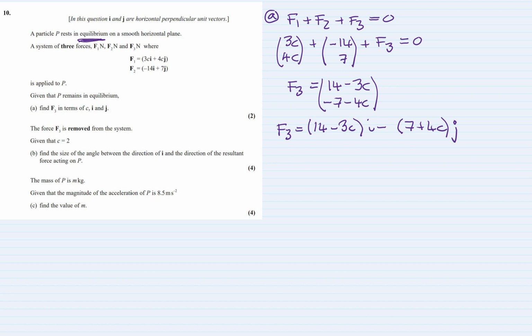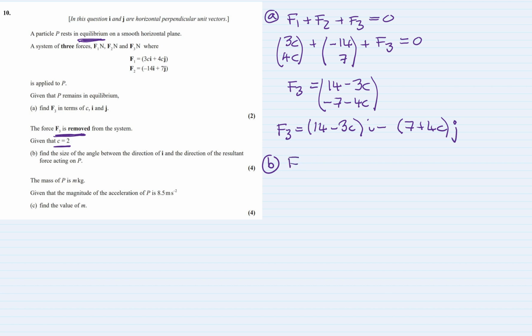So now F3 is removed from the system, so it doesn't get involved, and we know that c equals 2. And we want to find the size of the angle between the direction of i and the direction of the resultant force. So we need to find the resultant force. So let's just write out my vectors again.